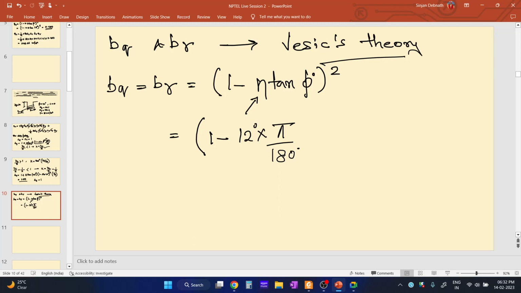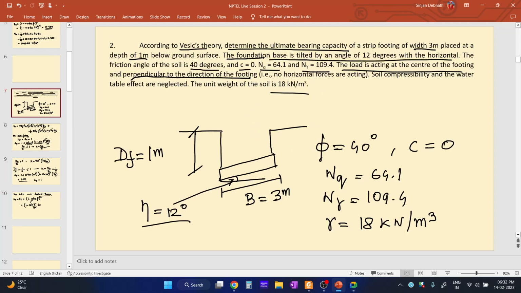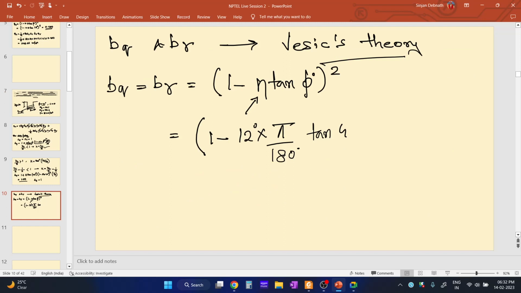Now this is multiplied by tan phi. What is the frictional angle of the soil? It is 40 degrees. So tan of 40 degrees, square. If you calculate this, you will get bq equal to b gamma is equal to 0.68.